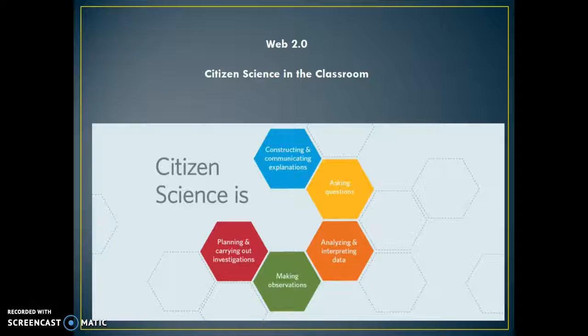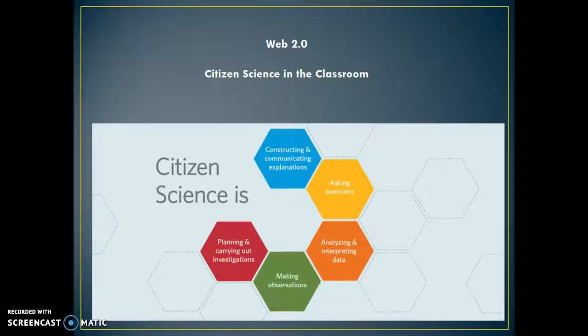So, what is citizen science? And how does it apply to Web 2.0? It is a research practice where members of the public, not necessarily scientists, collaborate with professional scientists to conduct scientific research by collecting or analyzing data for real world scientific studies.